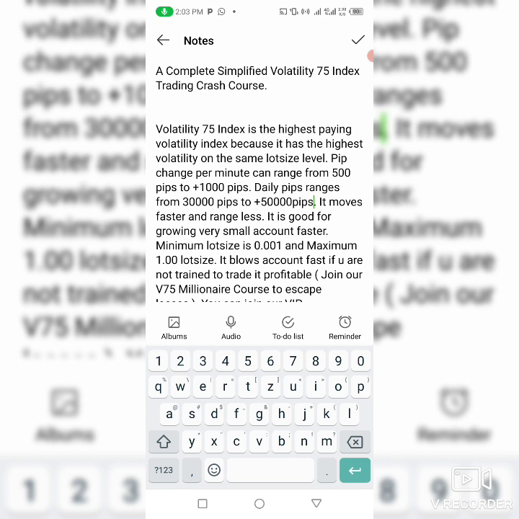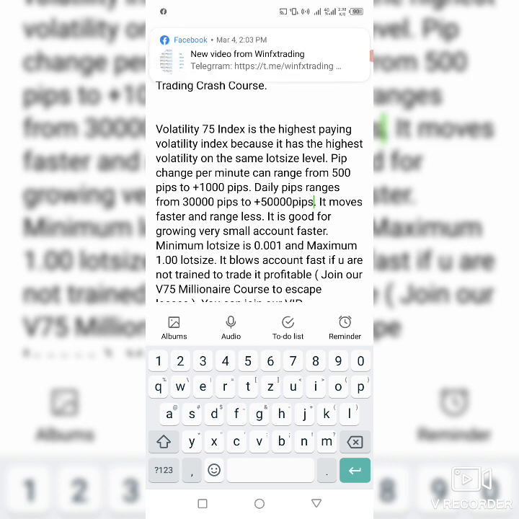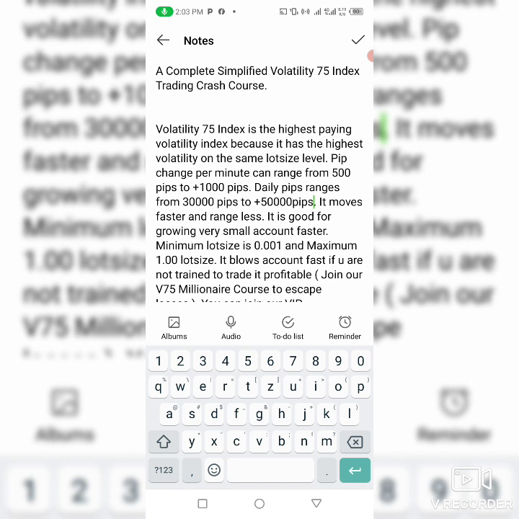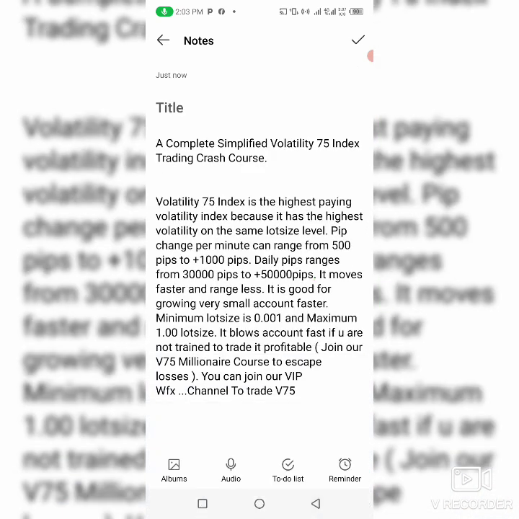So it moves faster and ranges less. It actually moves faster than other volatility indices. If it's ranging, don't expect the range to last long. If you spot a range in a higher time frame like daily, weekly or monthly, know that it will not take much time.